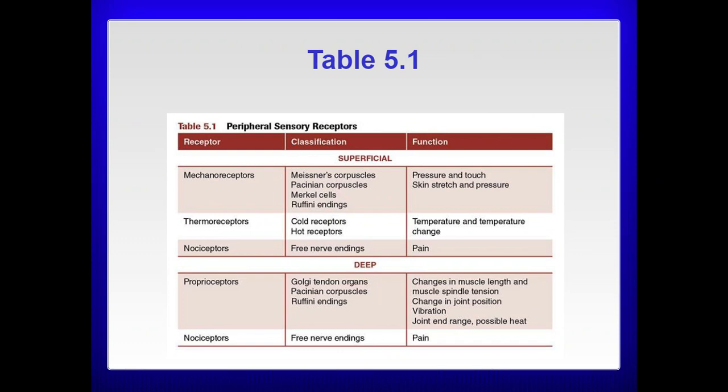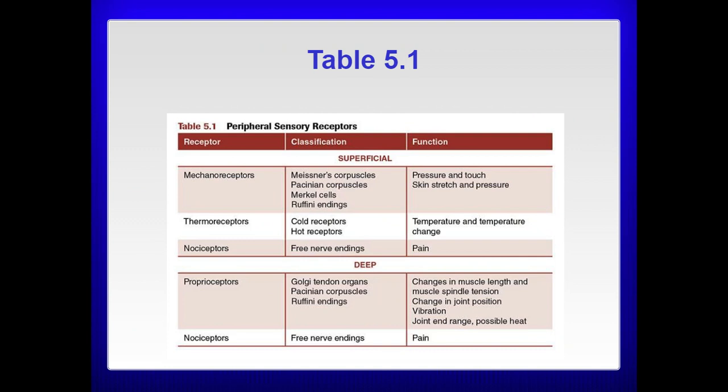And this table I think is really important because it tells you about the superficial and deep. Our superficial receptors are Meissner corpuscles, Pacinian, Merkel's discs, and Ruffini endings. We have hot and cold receptors. And anytime you have a free nerve ending, think of an exposed nerve ending on your tooth, it's going to cause pain both superficially and deep.